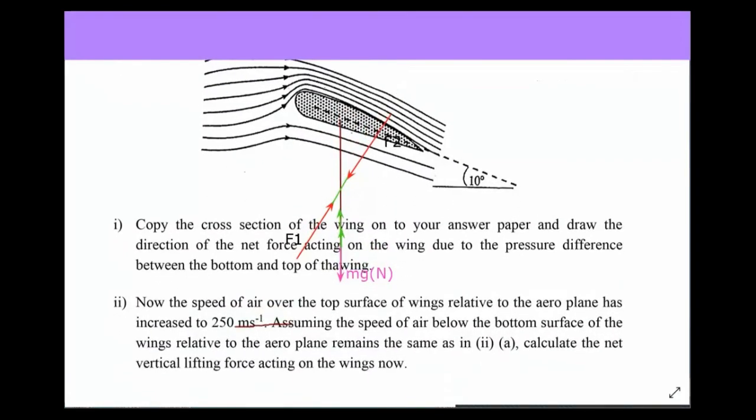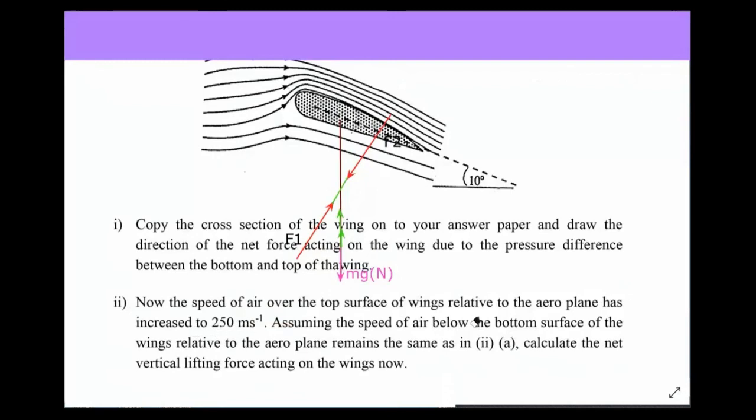Right, now what they have asked. Now the speed of air over the top surface of the wing relative to the aeroplane has increased to 250 meters per second.